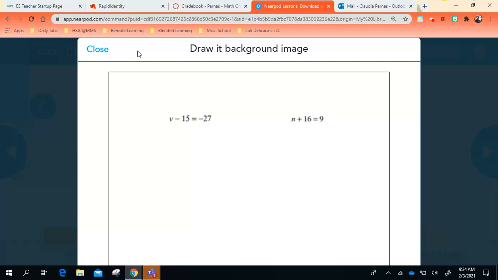Remember, our goal is to get the B by itself. You did not write that one down. What's the first thing you have to do before you can start working on that? Now, what do we need to get by itself?